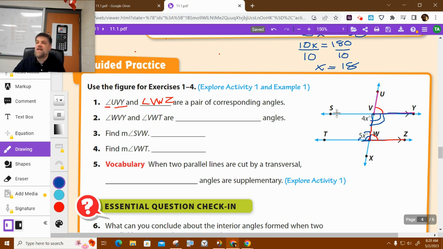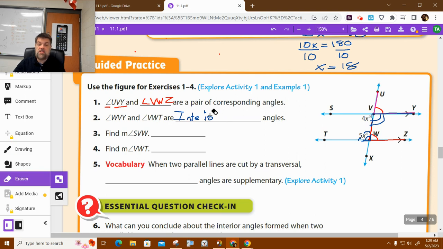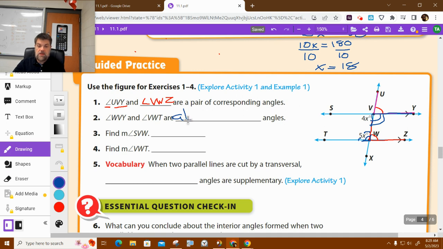Well, you got to decide two things. Are they inside or outside the parallel lines? Inside, so they're interior. Do interior decorators decorate the outside of the house or the inside? The inside, right? Now, with regards to the transversal, are they on the same side or alternate sides? Alternate. I should have said the alternate part first, because technically it's called alternate interior, and I'm going to abbreviate.